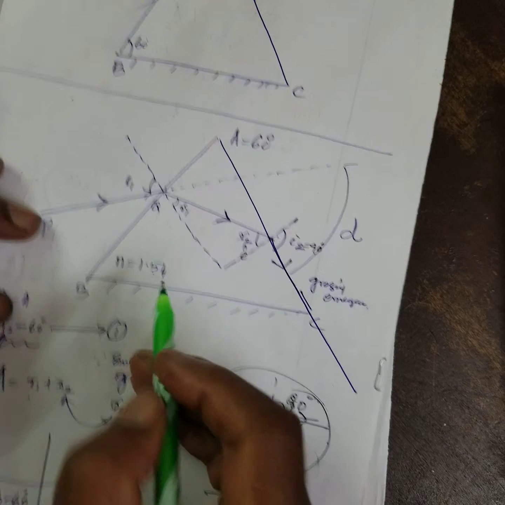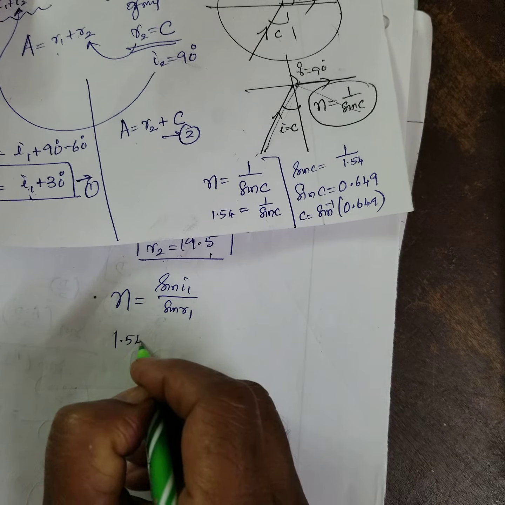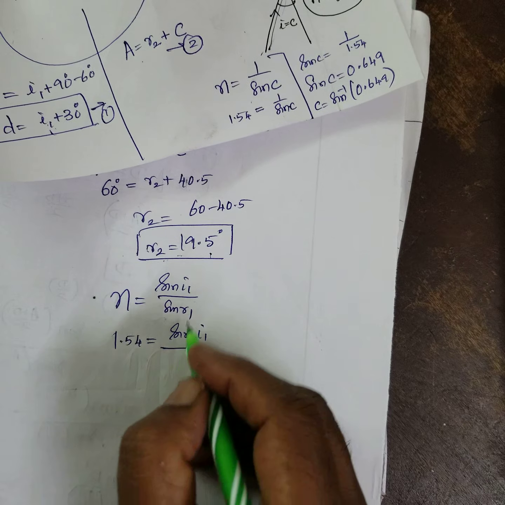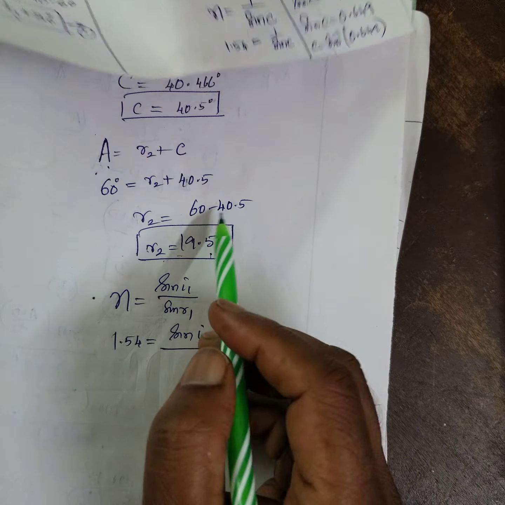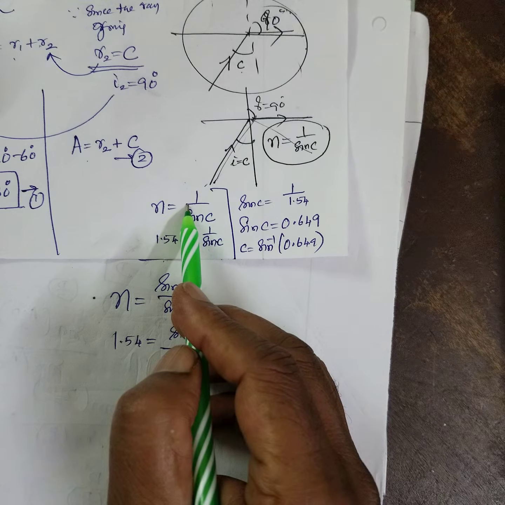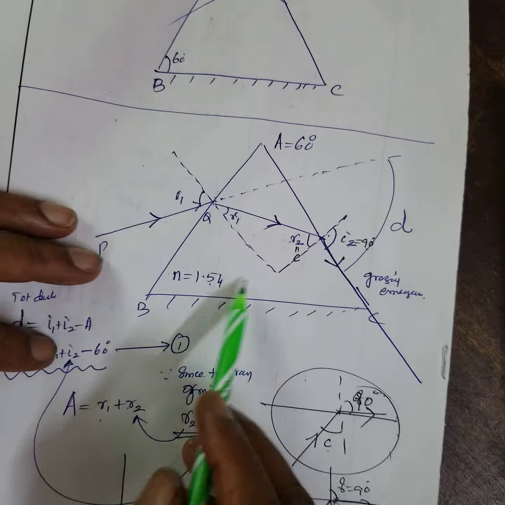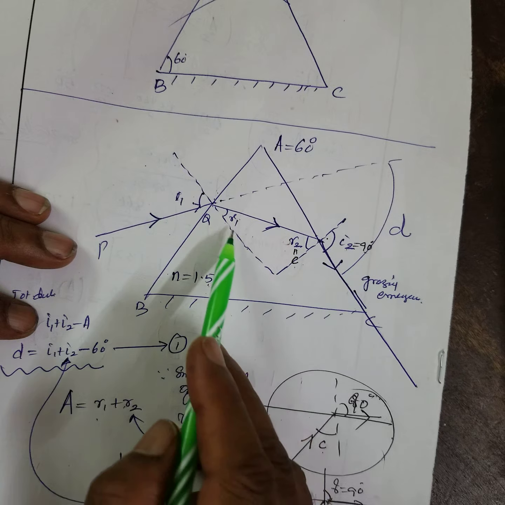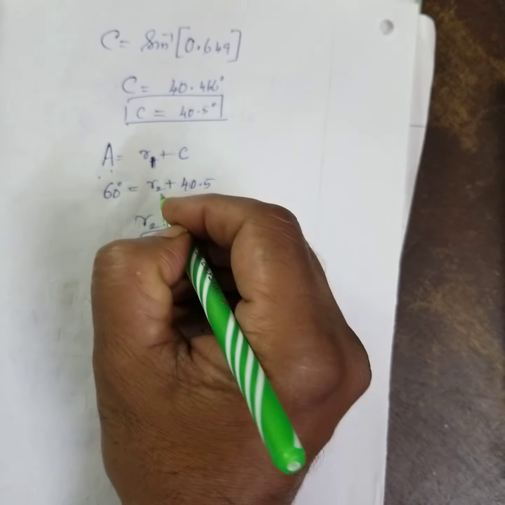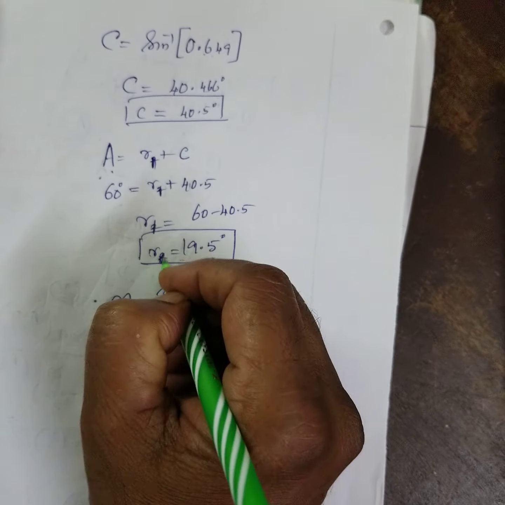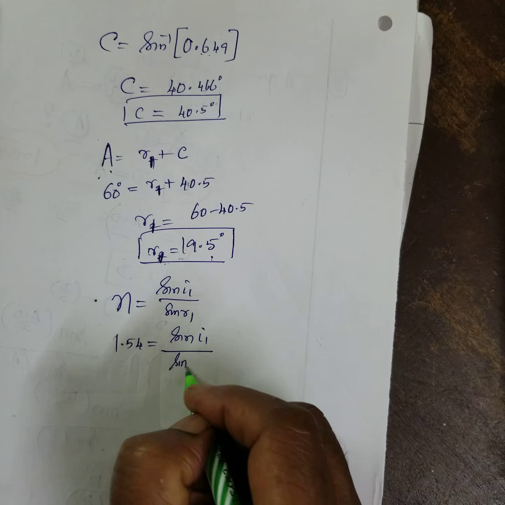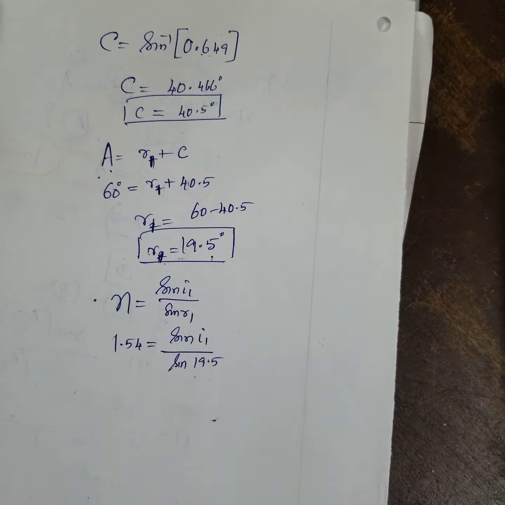What is the refractive index? 1.54. Sin I1 you don't know. Sin R1, this is R2, no? A is R1 plus R2. But what I did is that R2 is the critical angle. R1 is this one. Here I made a mistake. R1 is it. Got it? Understood now? R1 is 19.5, so sin 19.5.